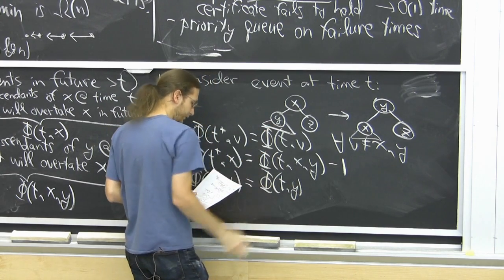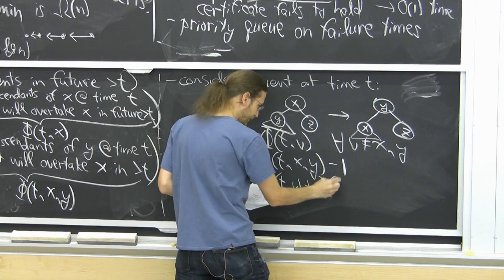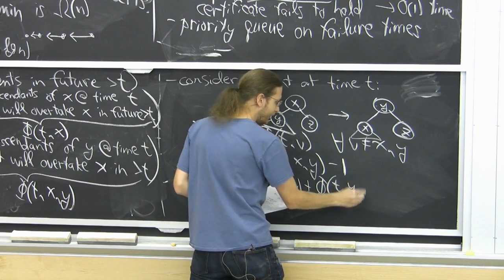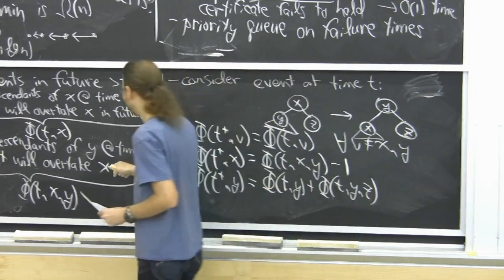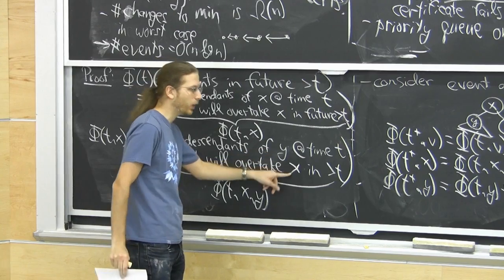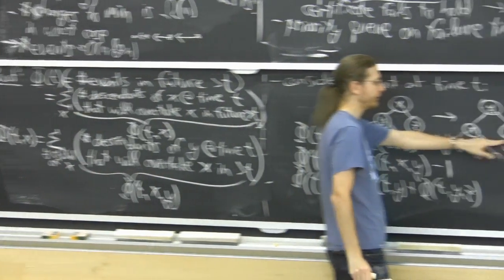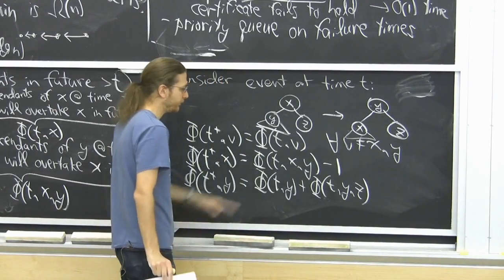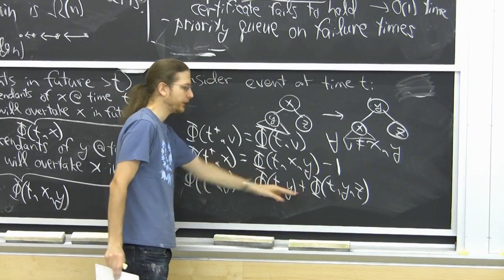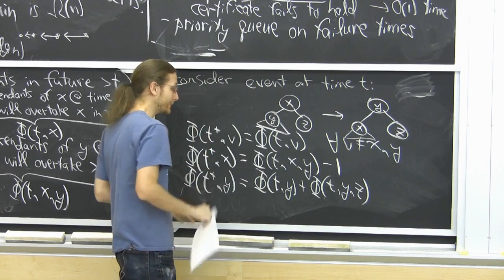That's all its old descendants. And now we have this new thing, phi of t y z. If you plug that into here, that's the number of descendants of z that will overtake y. That's the new thing that we add on. So this is an increase. This was a decrease, and this is an increase. We hope that they're about the same. In fact, they will be basically equal.